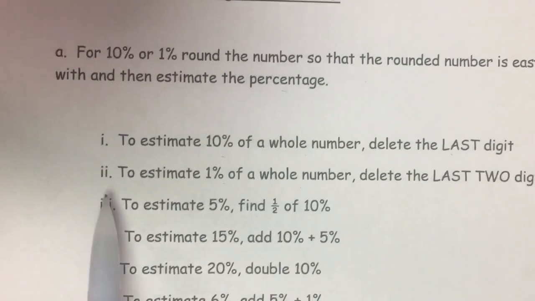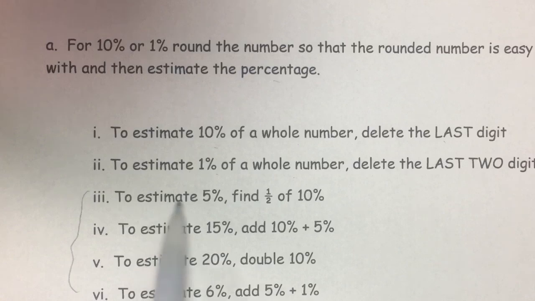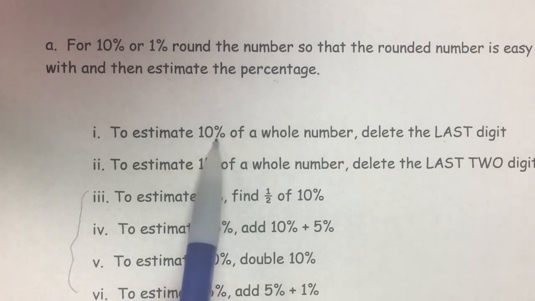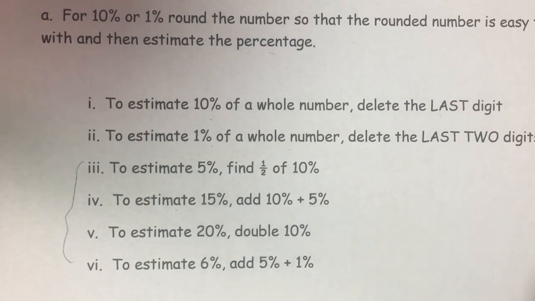The rest of these, the rest of the 4, all deal with 1 and 2. For example, if I want to estimate 5%, I find the 10% by getting rid of the last digit, and then I just take half of that because 5 is half of 10. If I want to estimate 15%, I find 10% by taking off the last digit, and then I add half of that, which is 5%, because 10 plus 5 is 15.